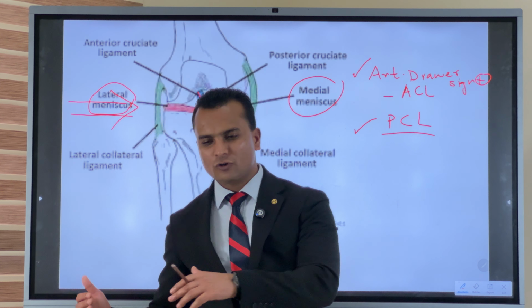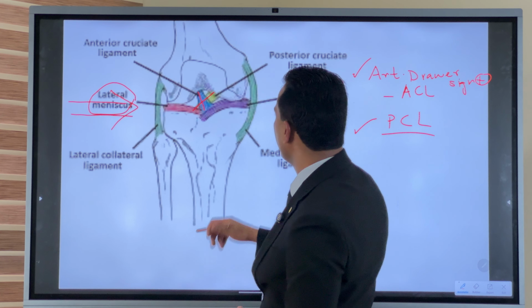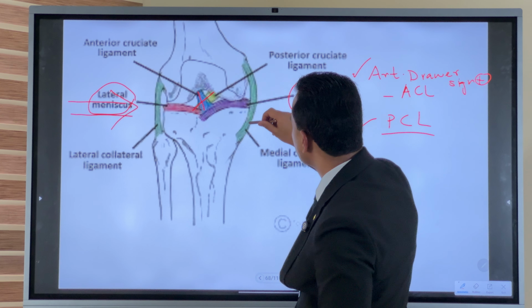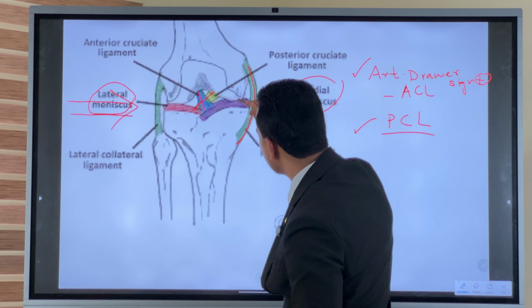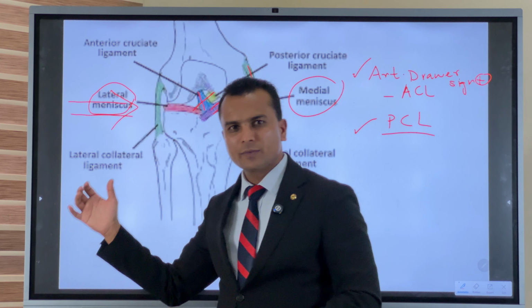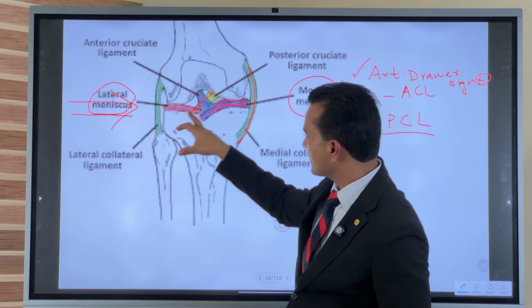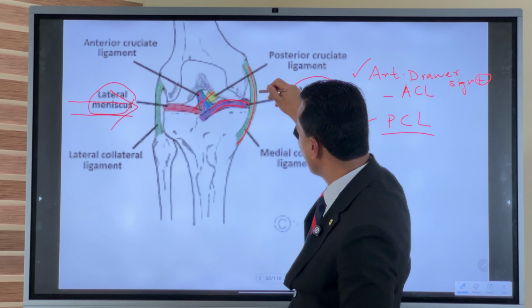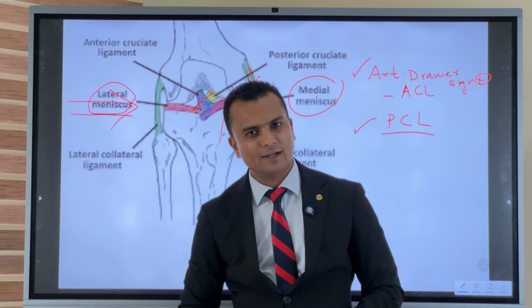So if a strong force comes from the outer aspect of the knee joint, it may lead to injury of the medial collateral ligament, and as the medial collateral is attached to the medial meniscus, in case of strong force from the lateral aspect, it may lead to rupture of the medial collateral ligament alongside the medial meniscus. So you should understand it, please.